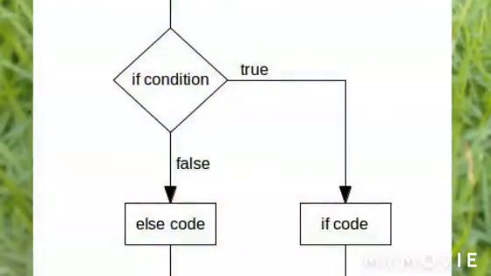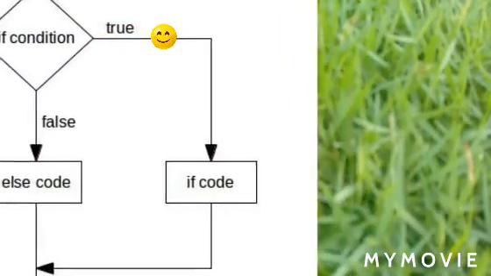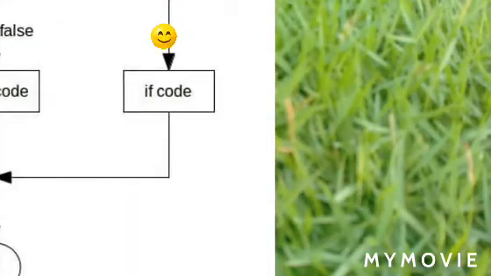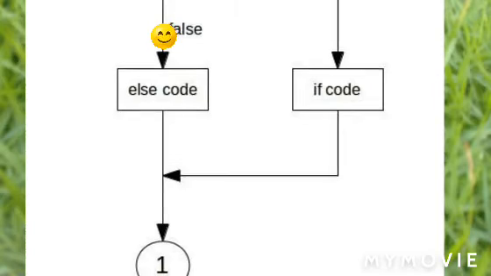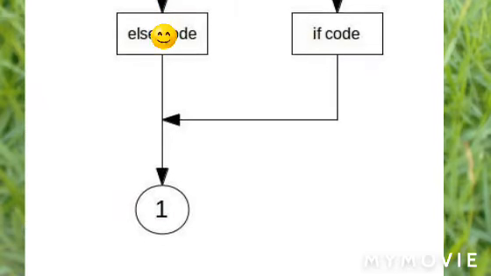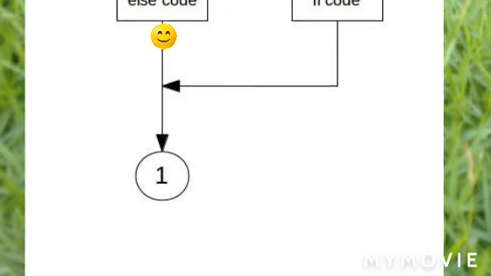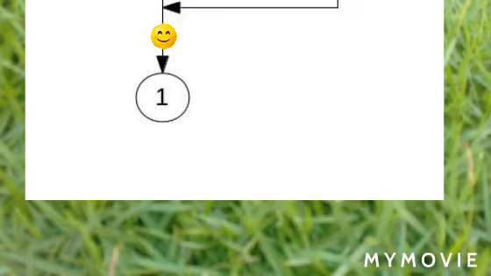The flow of the statement is, if the condition is true, it will execute the if codes. Otherwise, if it is false, it will execute the else code. After executing the chosen codes, it will execute the next code after this statement.